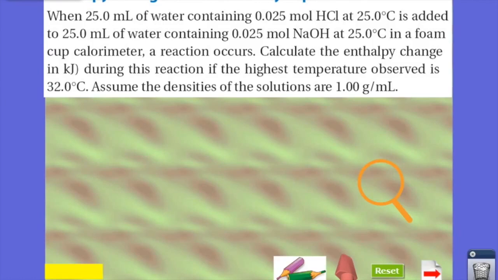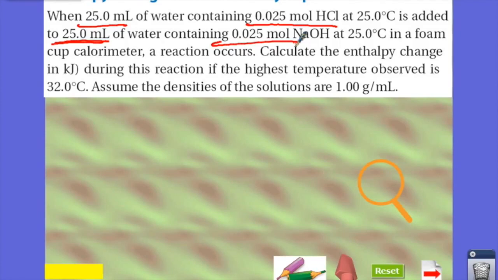When 25 ml of water containing 0.025 moles of HCl at 25 degrees Celsius is added to 25 ml of water containing 0.025 moles of sodium hydroxide at 25 degrees Celsius in a foam cup calorimeter, the reaction occurs.